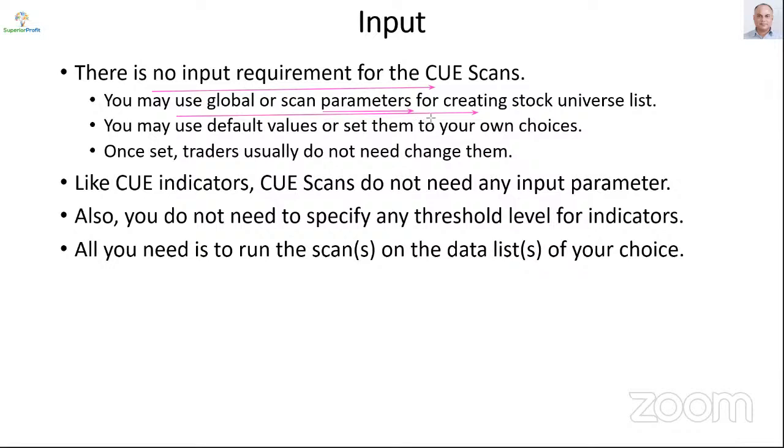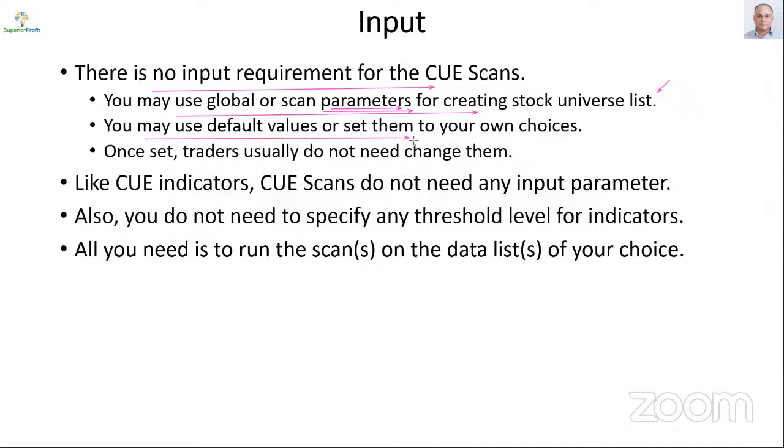Or what is the price range of stocks you want to trade? Is it 10 to $110 or anything except stocks below $5? Those numbers in terms of liquidity and price range that you may define as parameters to create the stock list. Once created, you don't need any other input anywhere else.